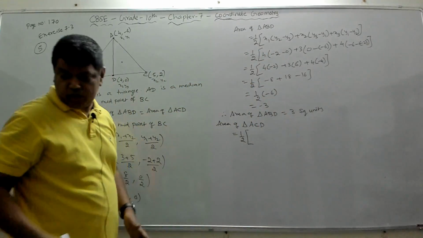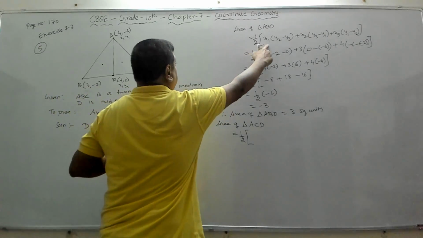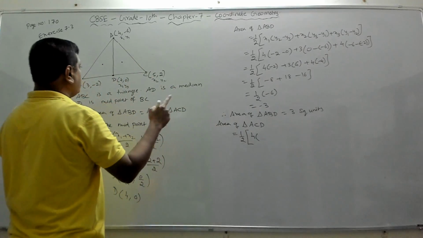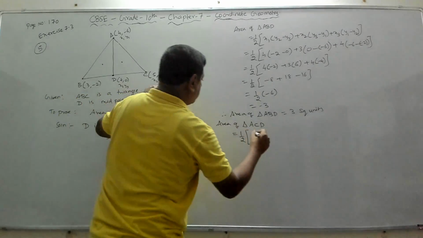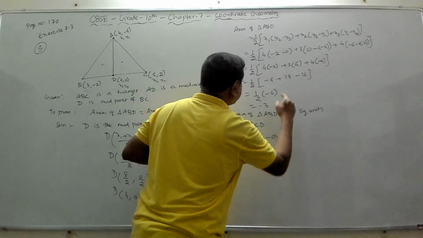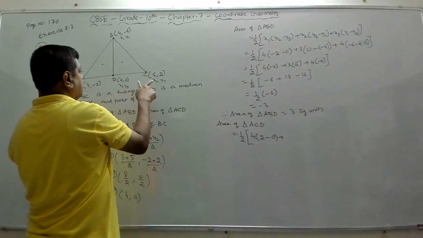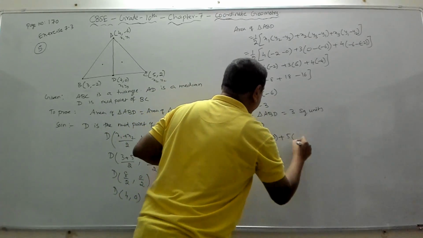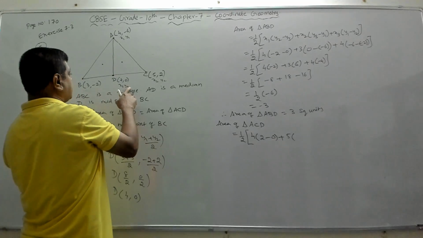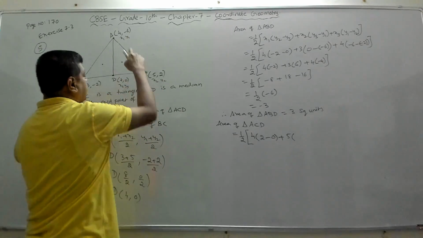So half of X1 is 4 into Y2 minus Y3. Y2 is minus 2 minus Y3 is 0 plus X2, X2 is 5, into Y3 minus Y1. Y3 is 0, Y1 is minus 6.